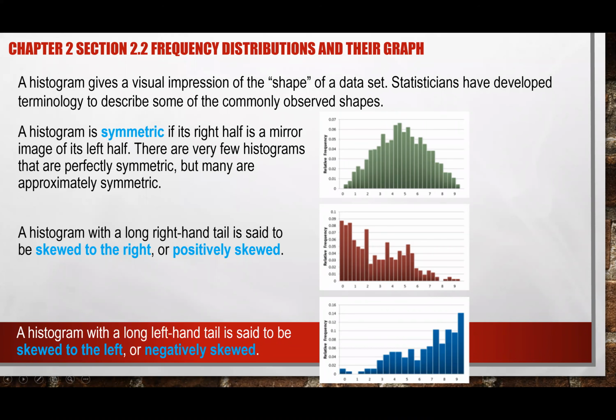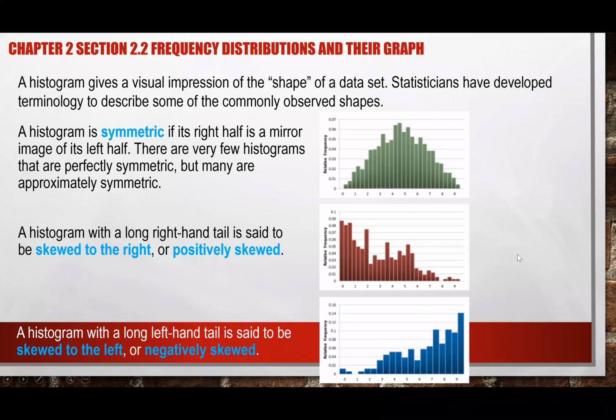Okay, it's the opposite from algebra. So don't use the algebra linear graph for this shape. Okay, so again, symmetric is easy, and the skews are the inverse of algebra. So this would be skewed to the right, and this will be skewed to the left.